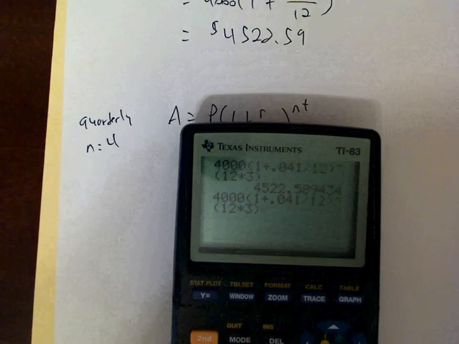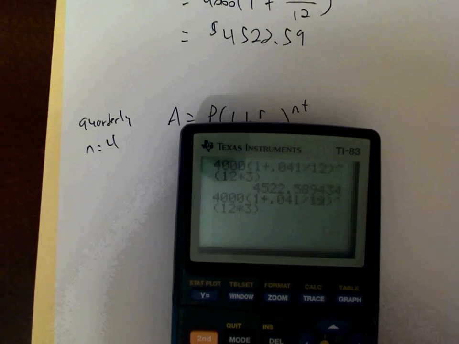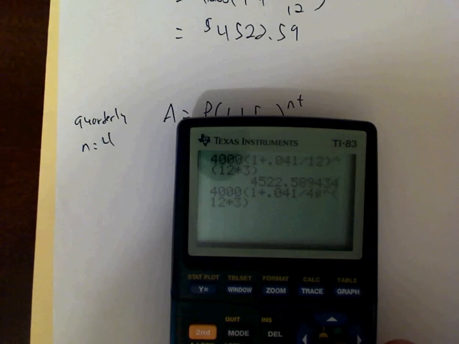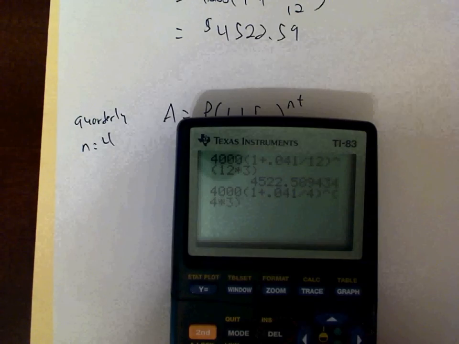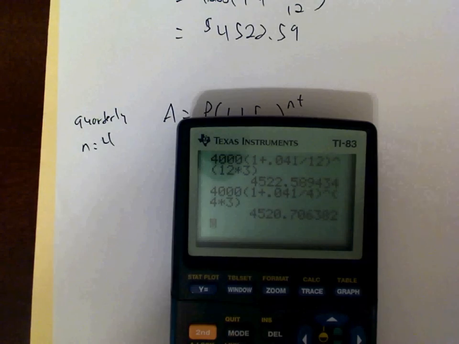What that means is I can now go and change the 12 to a 4, and then we hit delete. Delete's right here for any extra number I have. 4, delete. See that? And we get 4,520.71.